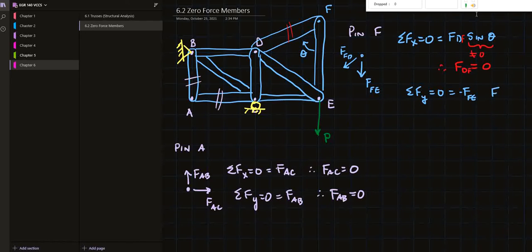So force FE also equals 0. So we have 4 elements in this that are redundant. And we can take them out for analysis purposes and just analyze the structure without those in it. So that could simplify. If you notice where your zero force members are in a structure, it can make solving the structure easier.